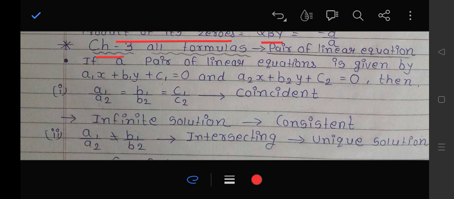Chapter 3. If a pair of linear equations is given by a1x plus b1y plus c1 is equal to 0 and a2x plus b2y plus c2 is equal to 0, then if a1 upon a2 is equal to b1 upon b2 is equal to c1 upon c2, the lines will be coincident, with infinite solutions, and consistent.